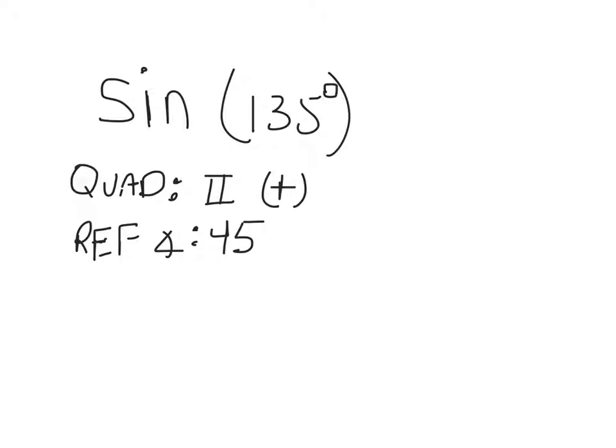I find that by subtracting 135 degrees from 180 degrees. And so because the reference angle is 45 degrees, this will be the same value as sine of 45 degrees, and it'll be positive because it's in the second quadrant. So the sine of 135 degrees is the square root of 2 divided by 2.